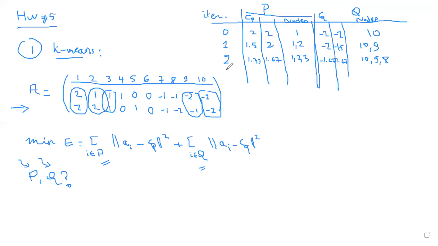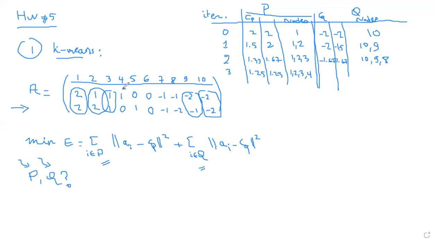Now, for the next iteration, I'll add a 4th node to cluster P. So I'll have node 4 also to be added. Okay. I'll update the centroid coordinates. So I'll have 1.25, 1.25. So it's easy to check.